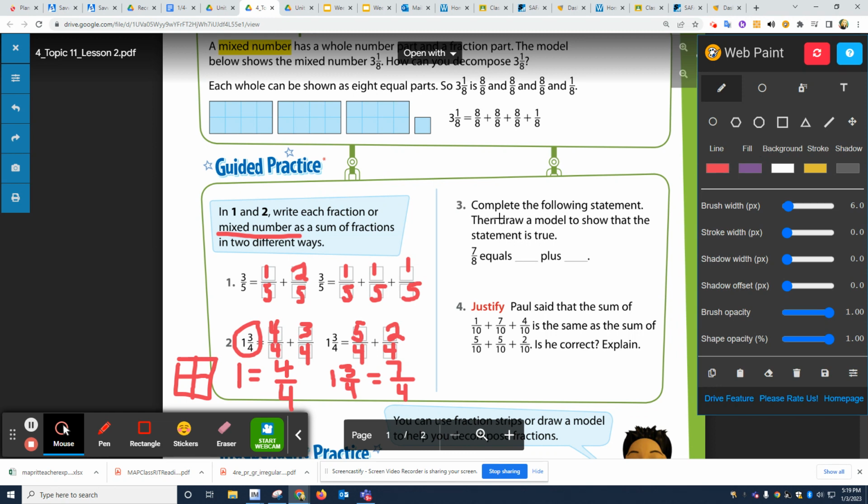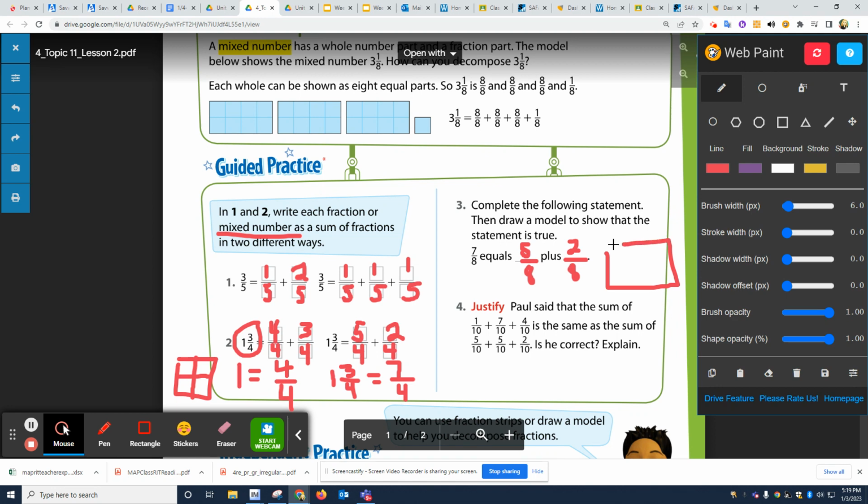Let's look at this one. Complete the following statement, then draw a model to show that the statement is true. 7/8 equals, well, we could write 5/8 plus 2/8, right? And it says to draw a model.